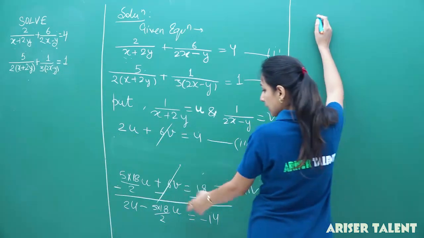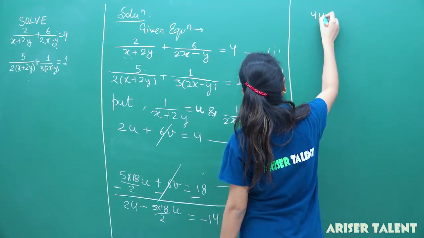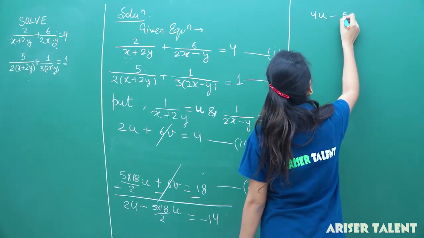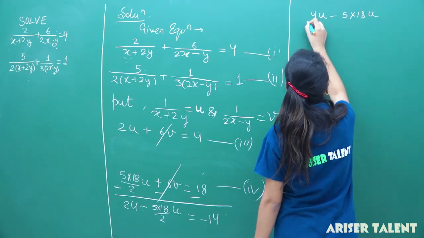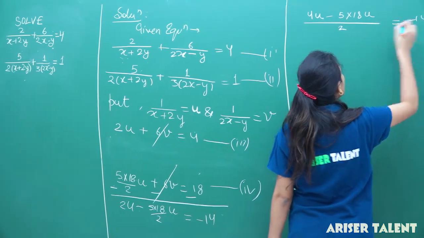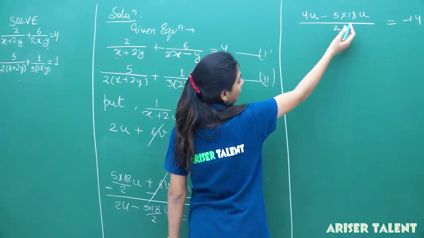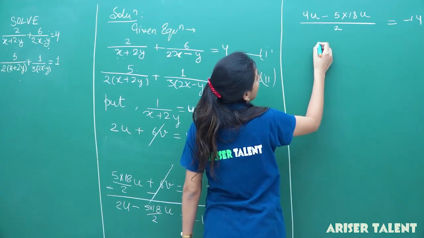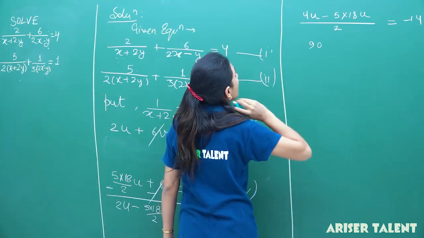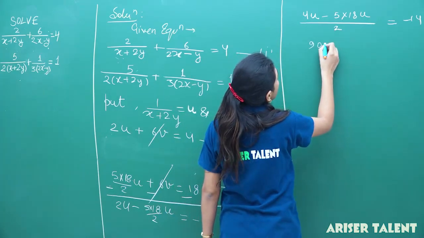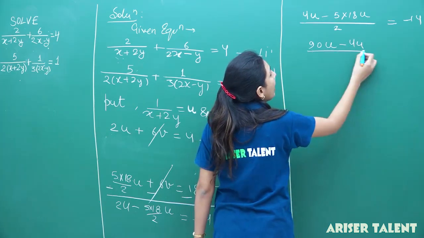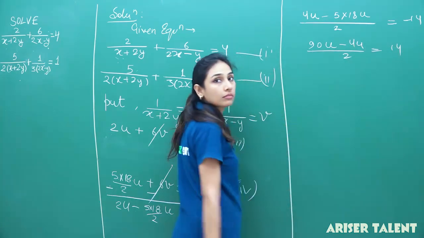Sorry. So students, come this side, that will be 4u. Here, if I take the LCM, 4u minus 5 into 18 by 2 over u equals minus 14. So what will it become? 4u minus 90u by 2, equals minus 14, right.